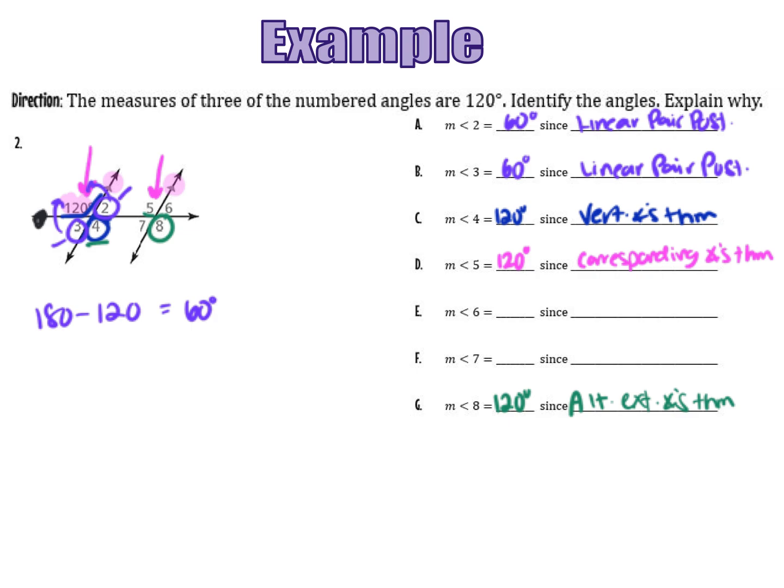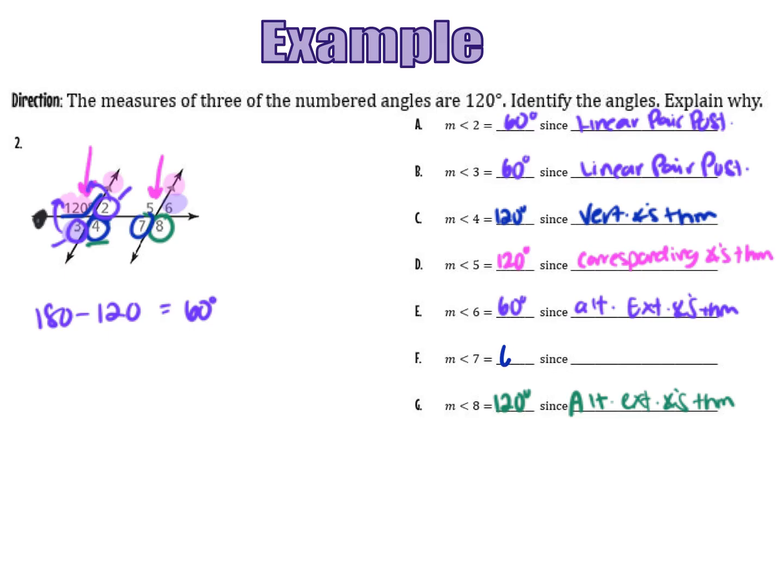6 and 7. Well, if we look at angle 3, which we just found to be 60, angle 6 is the alternate exterior angle to that. So angle 6 must also be 60 degrees. Alternate exterior angles theorem. And then lastly, number 7 is vertical to number 6, or number 7 is a linear pair to 5 and 8.